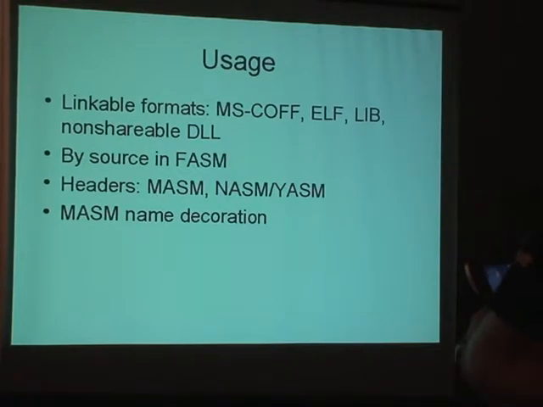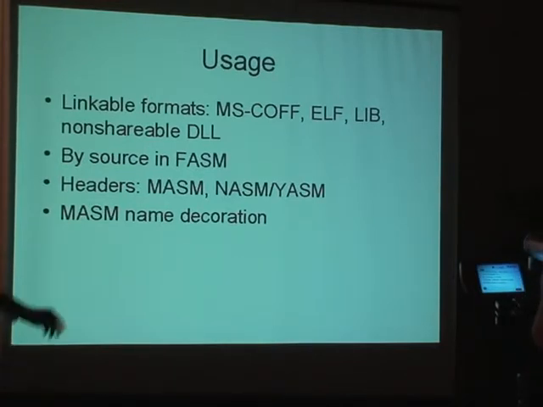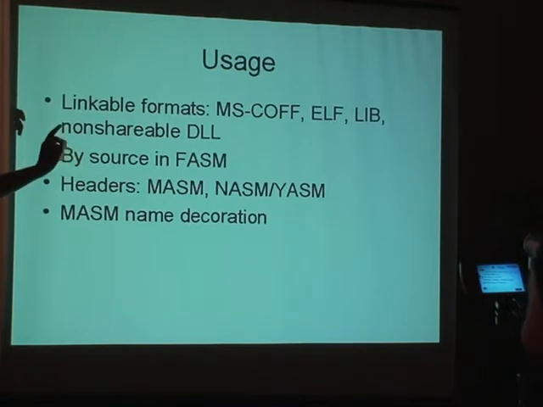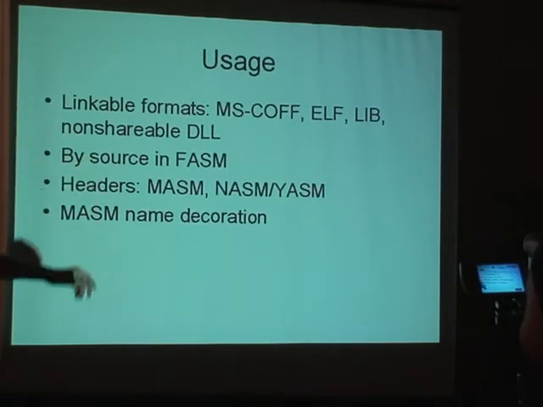Then for other assemblers, I have prepared headers for MASM with correct type checking and headers for NASM and YASM. The headers for NASM have a problem, which is in fact NASM's problem, that the entire library is always included, but that is a problem of the NASM assembler. It's not possible to do otherwise. And I also provide those two Windows object forms, COFF and library.